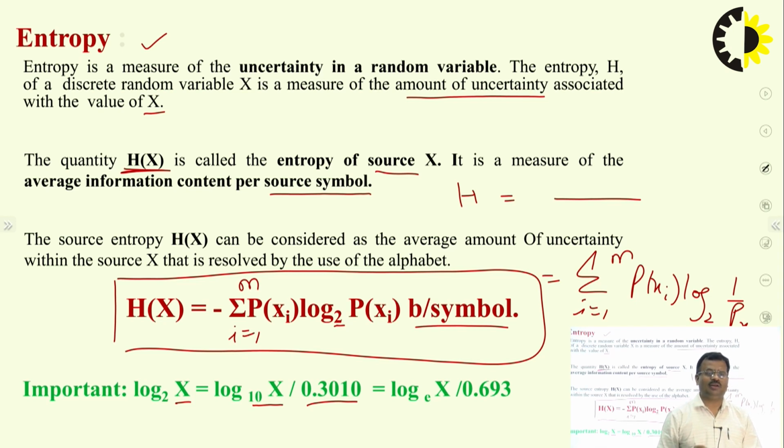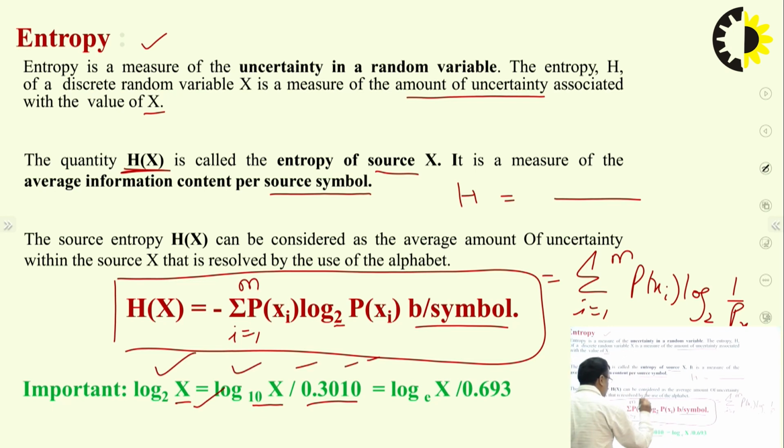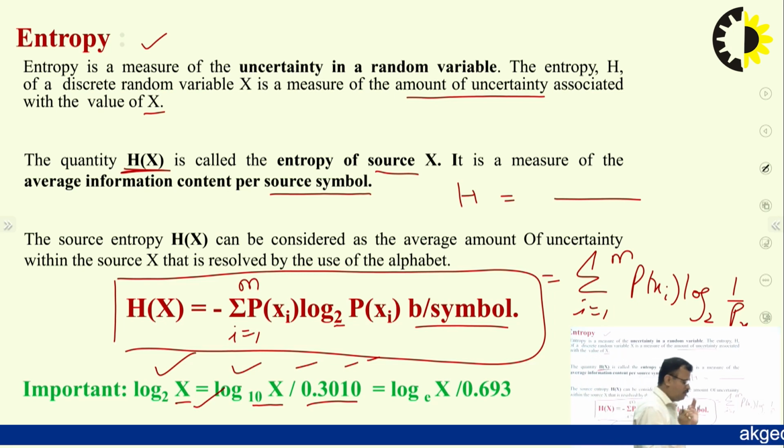If you are calculating on the base of log 10, you have to divide by 0.3010. If you are calculating on the base of e, you have to divide by 0.693. This is very important that you have to keep in your mind always. In information theory and coding, whenever you are using entropy, information and other related formulas, you have to use base 2 of log, in source coding and everywhere.